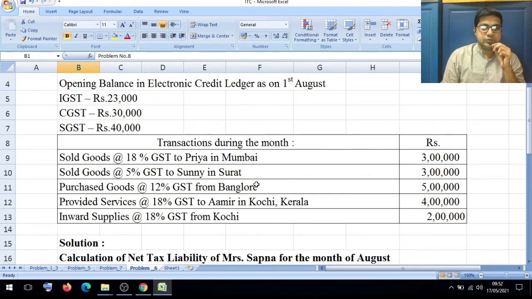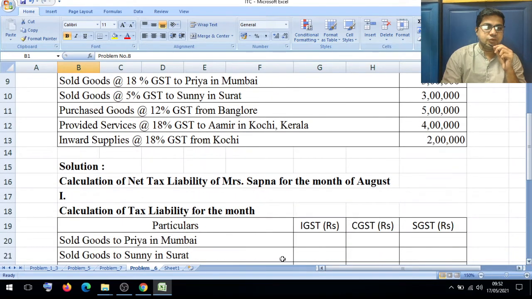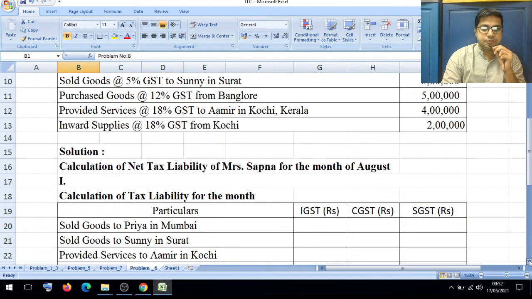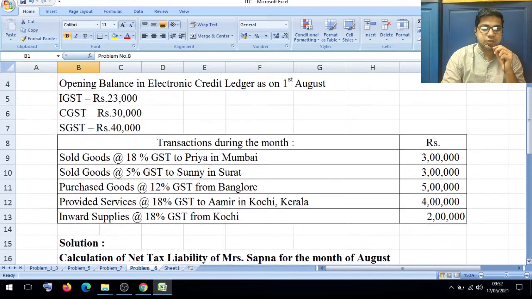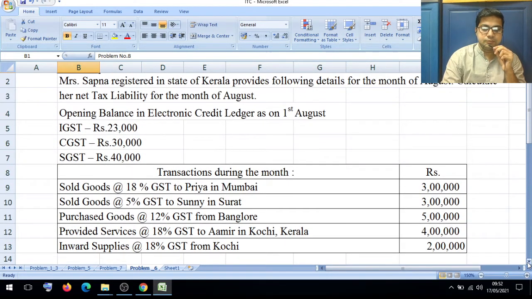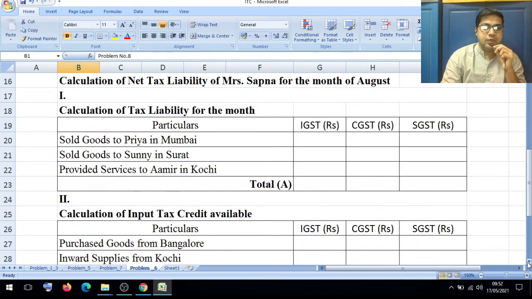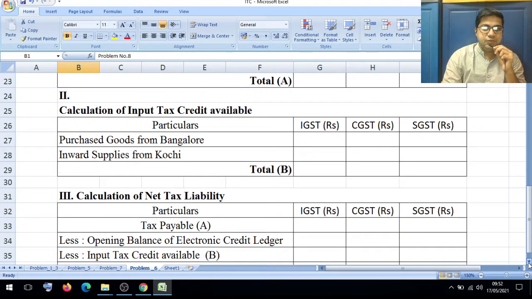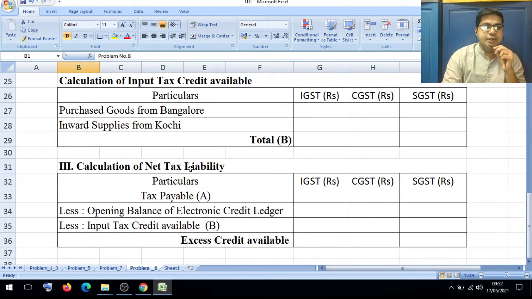For that purpose, we have to prepare three statements. First is the calculation of the tax liability for the month of August. Then calculate the input tax credit available, and after that we find out the net tax liability.